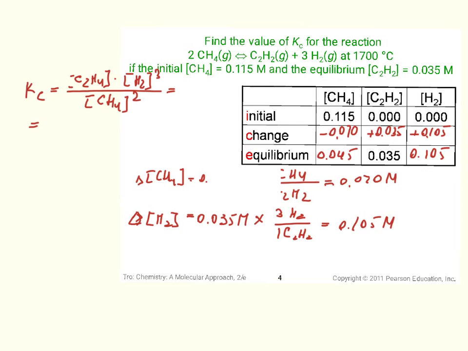Then plug in numbers: 0.035 times 0.105 cubed over 0.045 squared, and the answer when you calculate it is going to be 0.020.